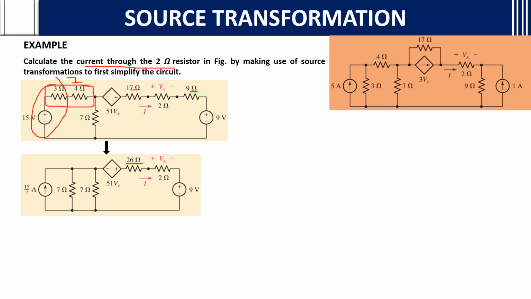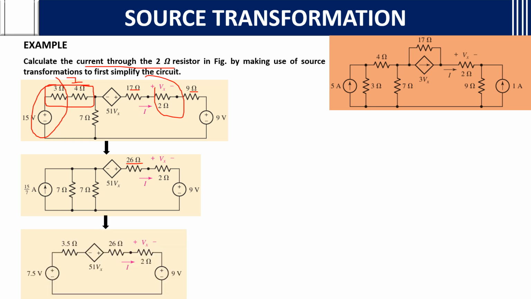We are not going to disturb this resistor, because we want the current through it. Till the last we are not going to disturb it. Remember that. And this 9 volts.